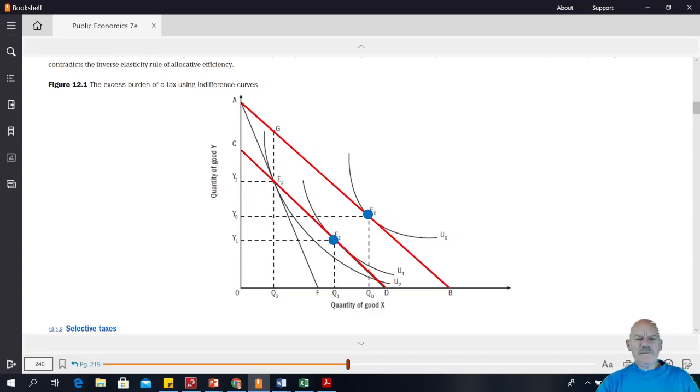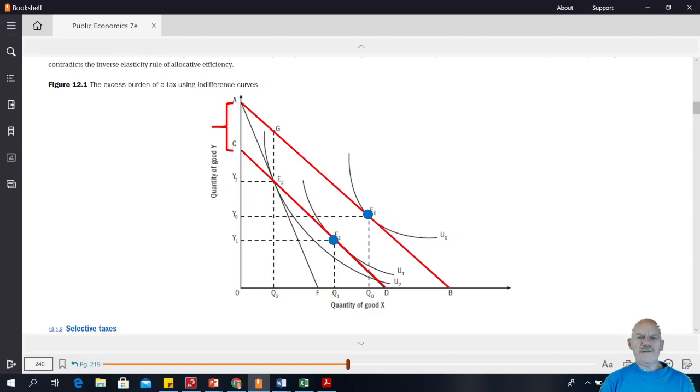Then we want to compare that to a selective tax. But how big is this tax? We can measure the size of the tax either in terms of Y or in terms of X. So the size of the income is the value of quantity AC on the y-axis.